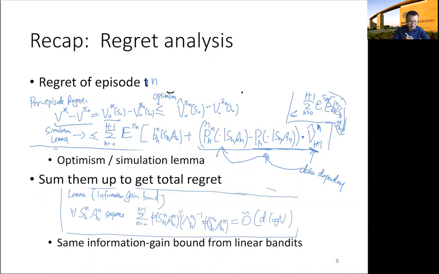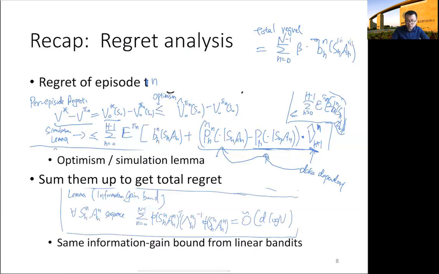And once we have this, to get the full regret, we simply sum the instantaneous regret up over n, and notice that we will be able to bound this with exploration bonuses. So ultimately, the total regret will be the sum over this beta parameter multiplied with this b_h^n(s_h, a_h), right?